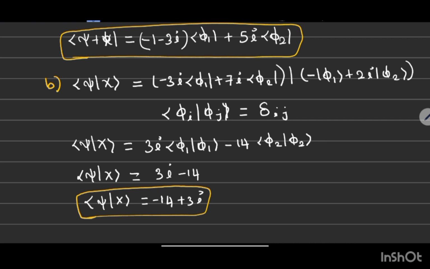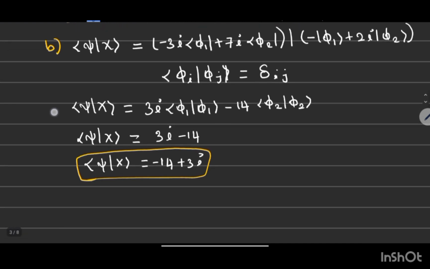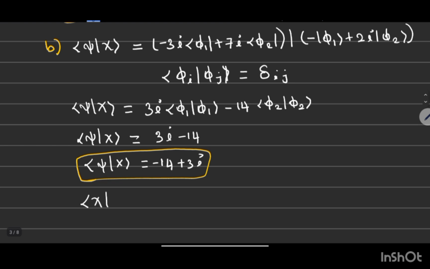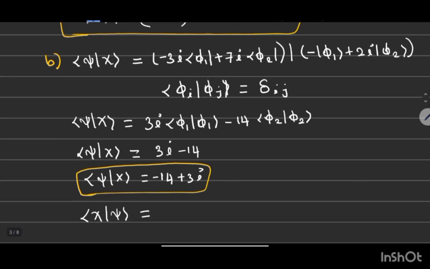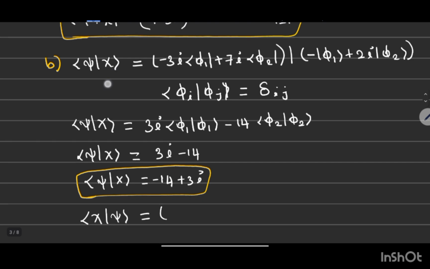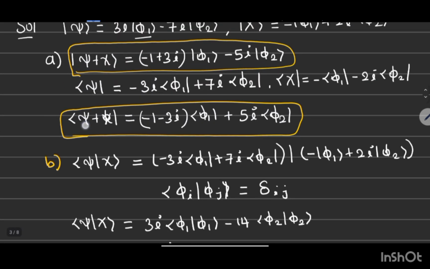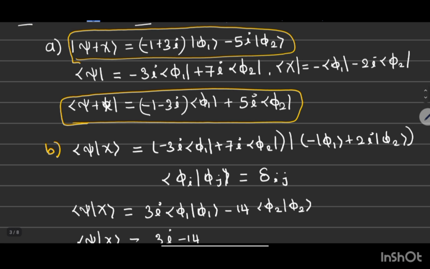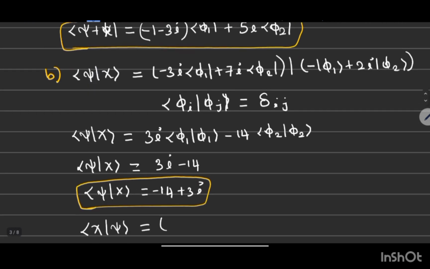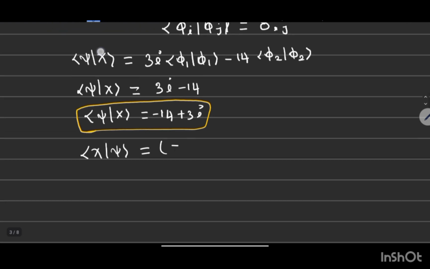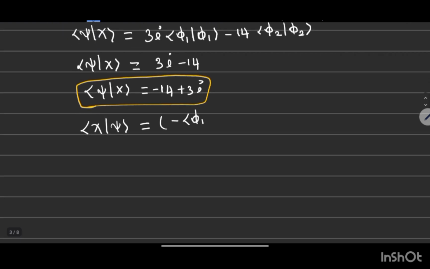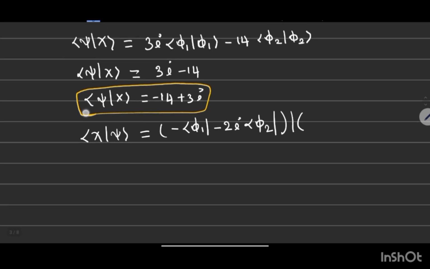Okay, now we will find the inner product of chi with psi. What is bra chi? Bra chi is given here as minus phi 1 minus 2i times phi 2, multiplied with what?